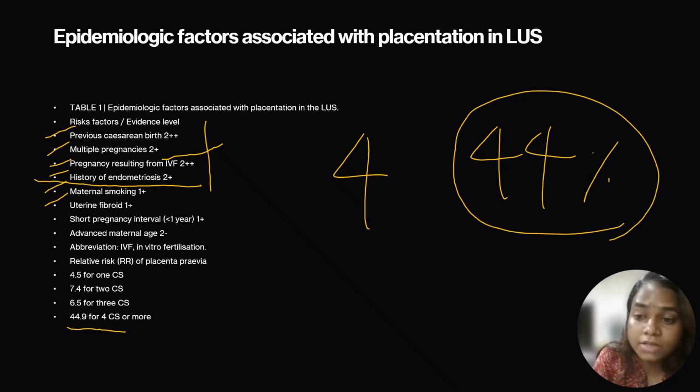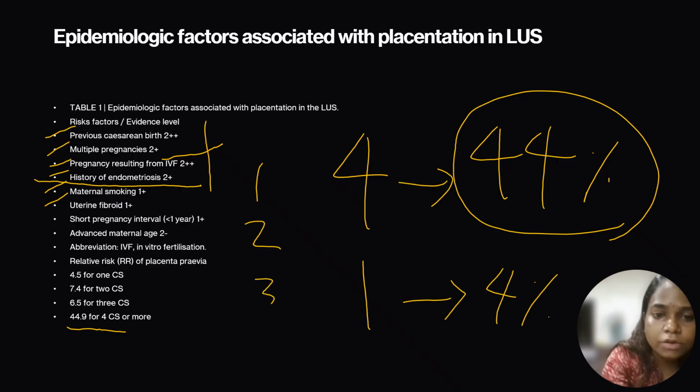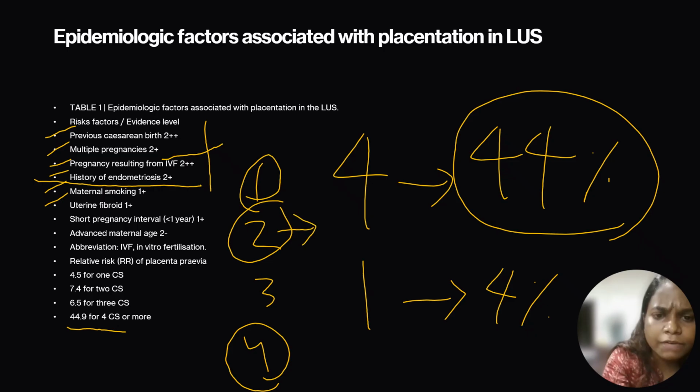Remember, these percentages are for placenta previa. So four cesarean sections, 44%, and one cesarean section, 4%. One cesarean section, 4%, four cesarean sections, 44%, two is almost 7.4%, and three is 6.5%.